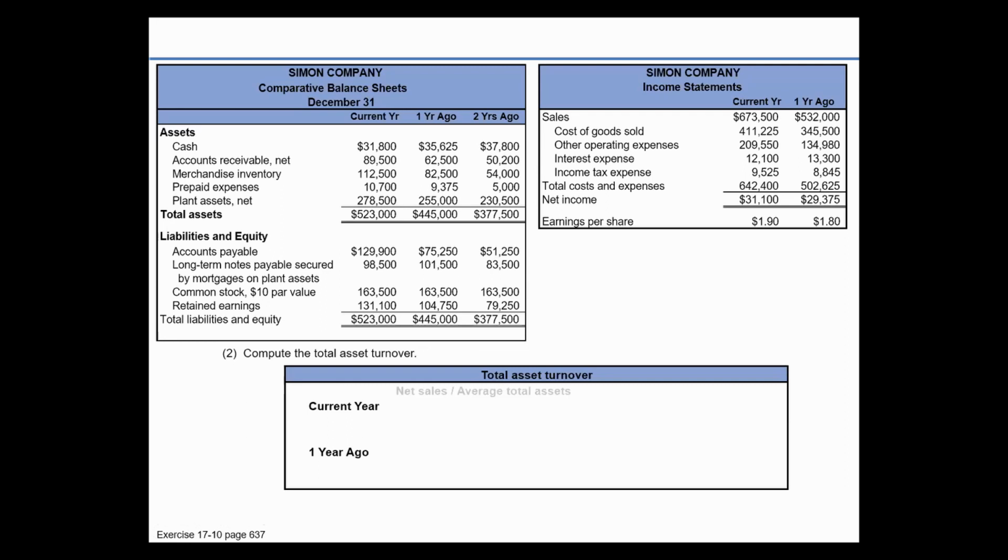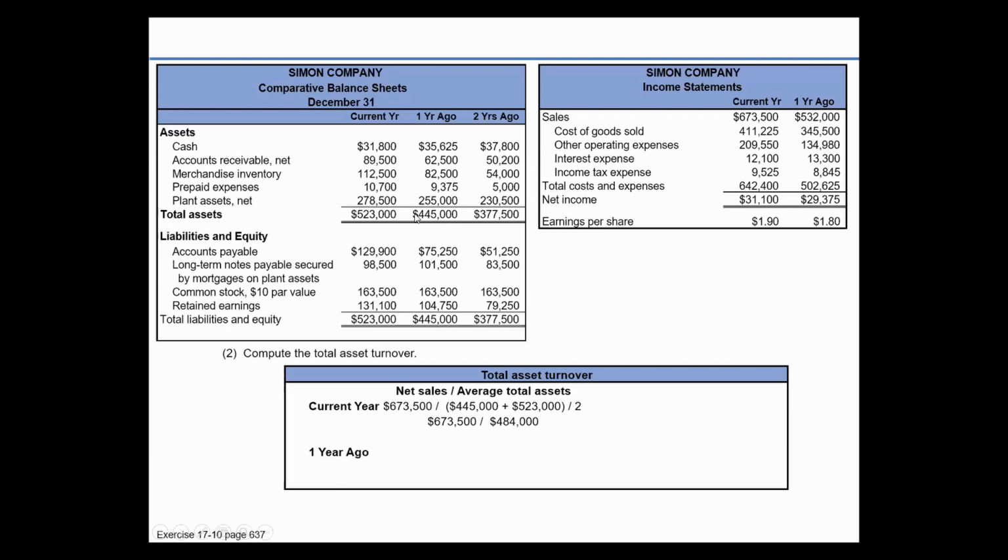Now we can look at computing the total asset turnover. To do that, you're going to take net sales divided by the average of your total assets. The net sales, again, you can just read right off of the income statement for the current year, is 673,500. And then to figure out the average total assets, you have the total assets from the previous year, 445,000, plus the current year, which is 523,000.